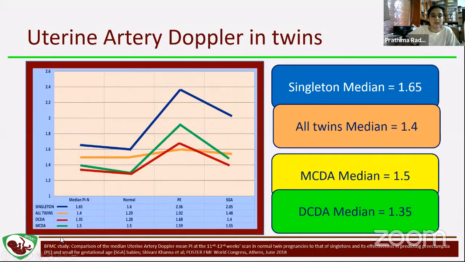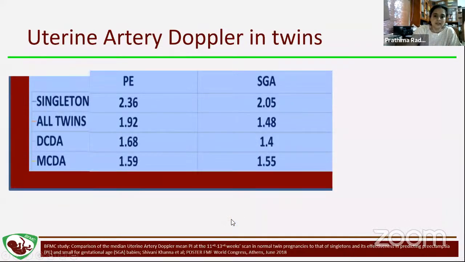And what was also very important is that twins developed preeclampsia and selective growth restriction at a lower uterine artery PI threshold. So it is important that we should consider the uterine artery PI thresholds lower, although we don't have at this moment of time any kind of guideline as to what should be the thing, and this correlates with all the other studies as well.